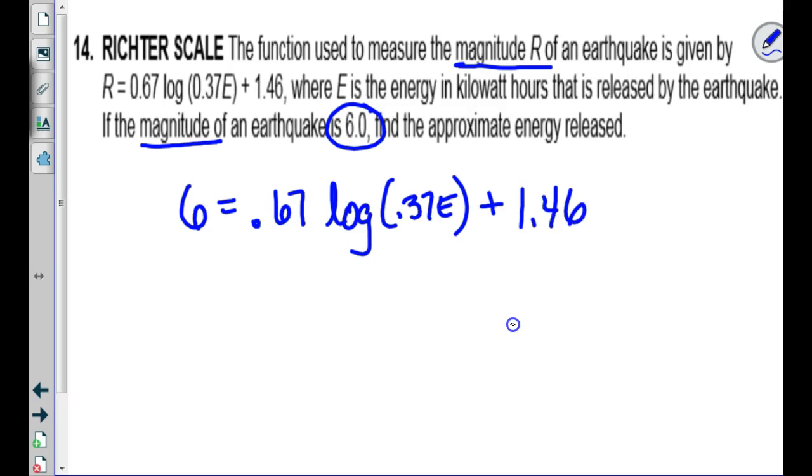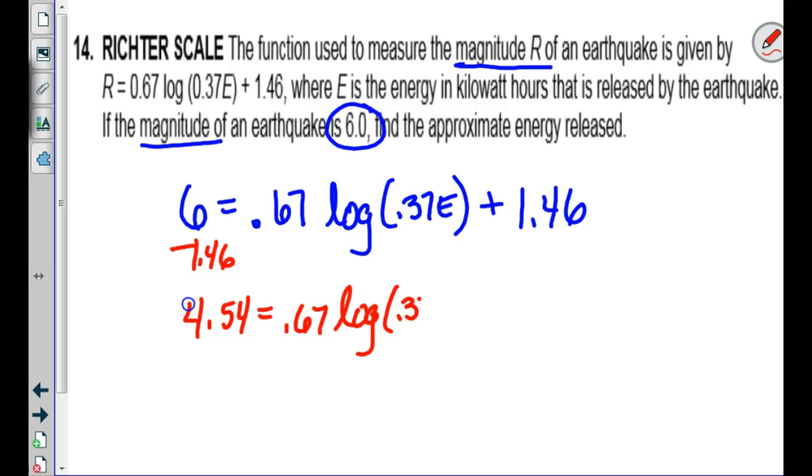Okay. So isolate the log first. Then what? Still isn't isolated. I still have a log.